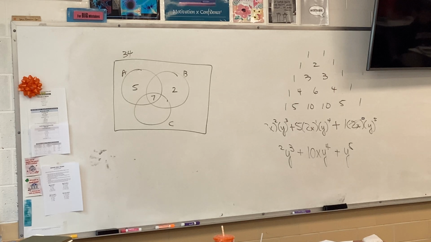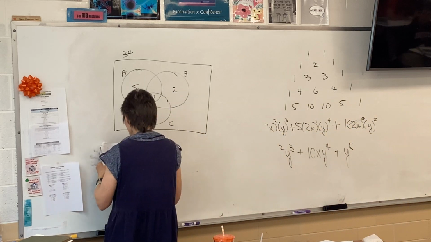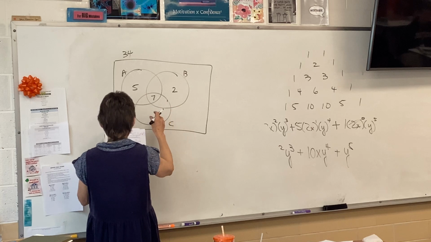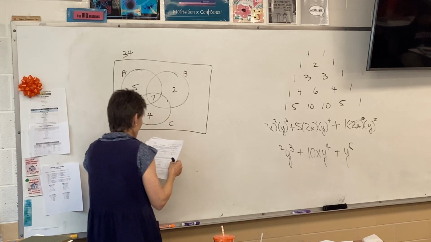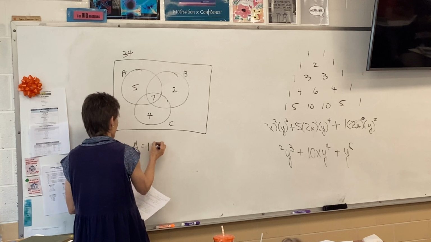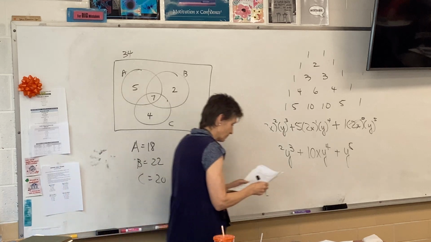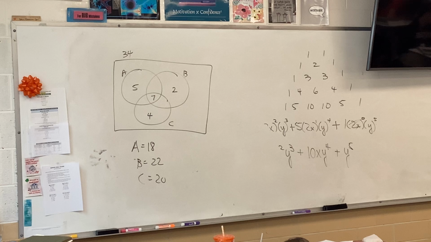Because I left something out of the problem unless I included it. Oh, yeah, I did. I retyped it. Let me borrow this for just a quick minute. So, 5 get all A's, 2 get all B's, and 4 get all C's. Okay. 18 students get A's. So 18 get A's, 22 get B's, and 20 get C's. Okay. All right.